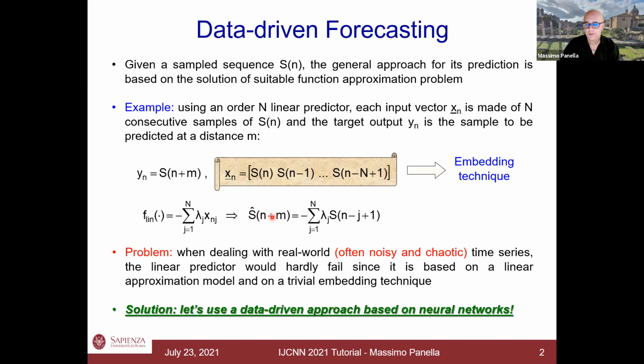There is a lot of theory, especially when the time series is noisy, is chaotic, for example, in biomedical applications. And in these cases, there are some approaches that can be adopted in order to select wisely the number of past samples to be used.